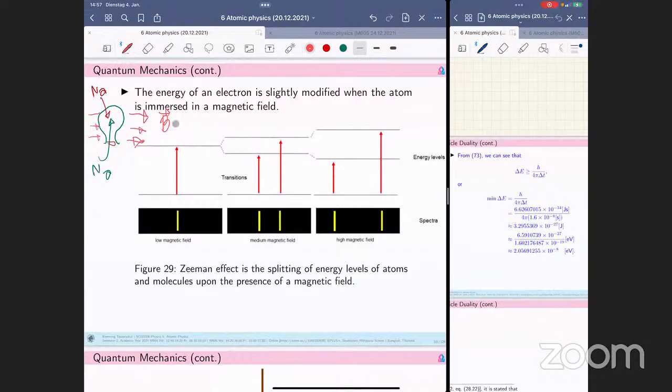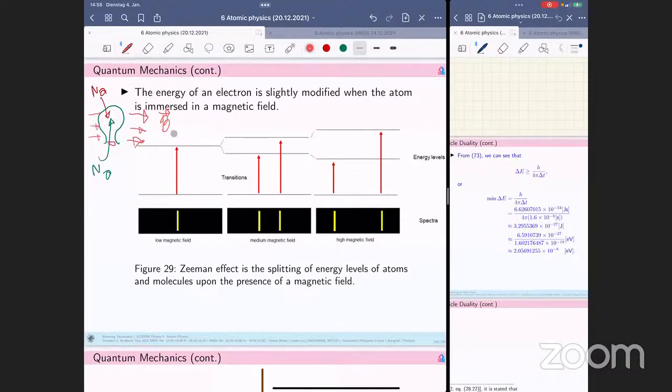Once they increase the strength of the magnetic field, when the magnitude B of the magnetic field is increased, the energy splits into two levels, and that's why they say two bars, two frequencies of the yellow light.